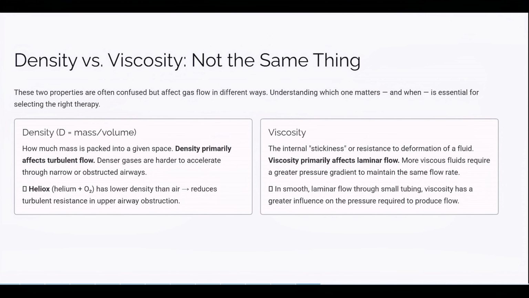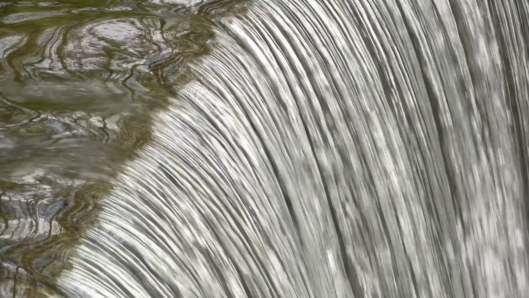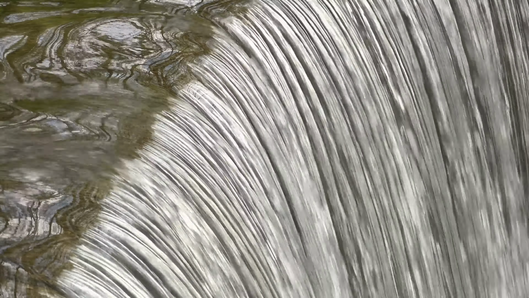Density matters most in turbulent flow, right? So when gas is swirling and chaotic and molecules are colliding with each other. Viscosity matters most in laminar flow, and that's when gas moves in smooth, orderly layers. And this is exactly why heliox exists.